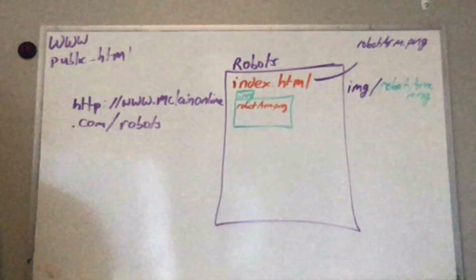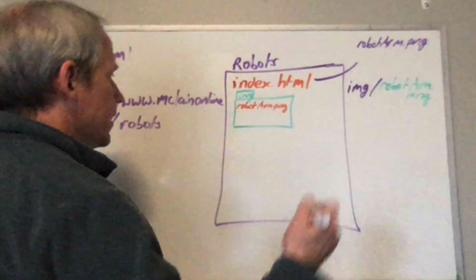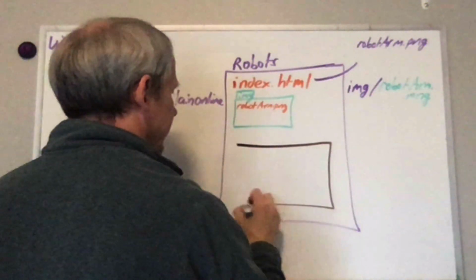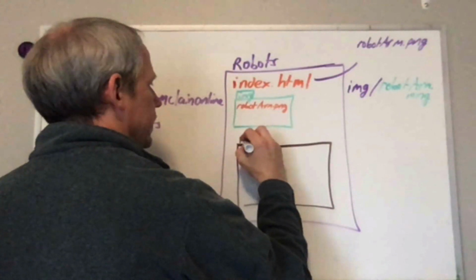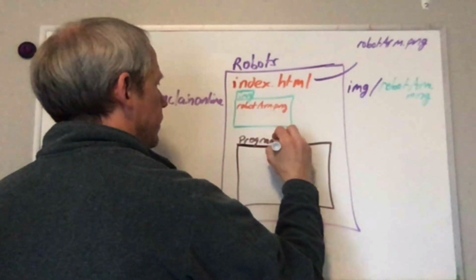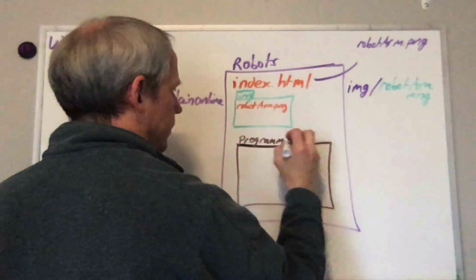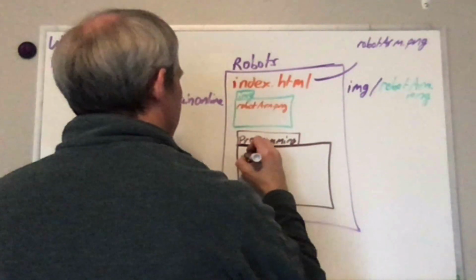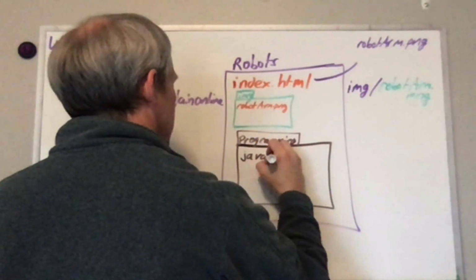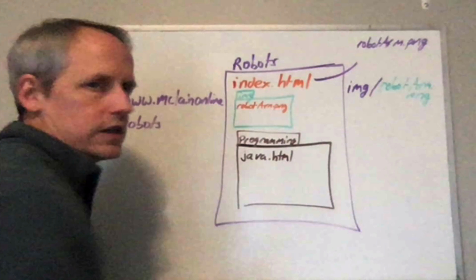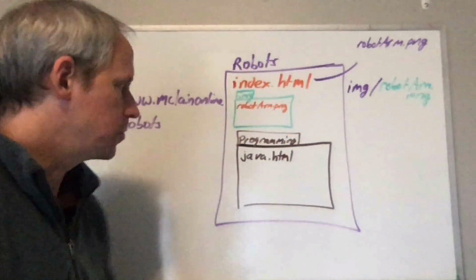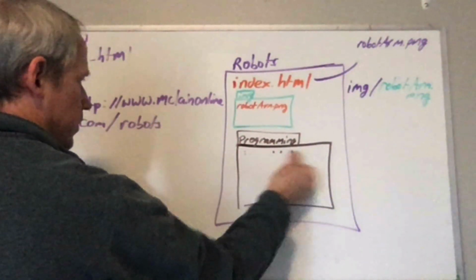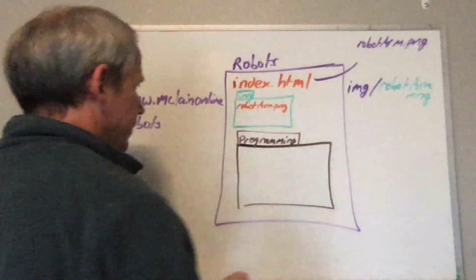Now, I could also have a thing about programming. Let's say I'm going to have a folder that's about programming. Okay. And inside that, I'm going to have java.html. Java is one programming language you might use on a robot. And that's a file, so I should have done that in orange, because I'm doing all my actual file names in orange.